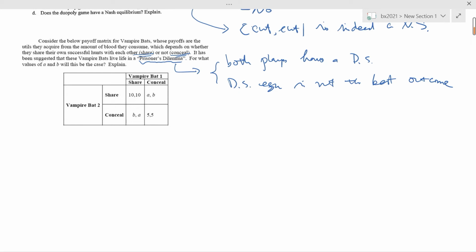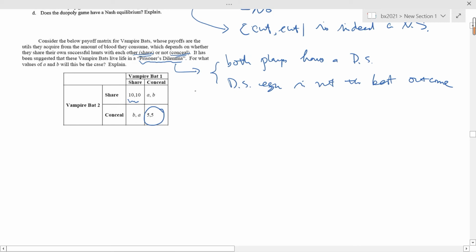By looking at this payoff matrix, by the way, the first payoff belongs to vampire bat 1, second payoff belongs to bat 2. So we want the dominant strategy equilibrium to be this, such that there's a better outcome here. Share and share is a better outcome there, which cannot be achieved.